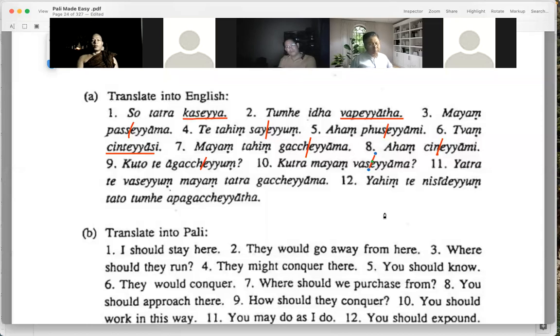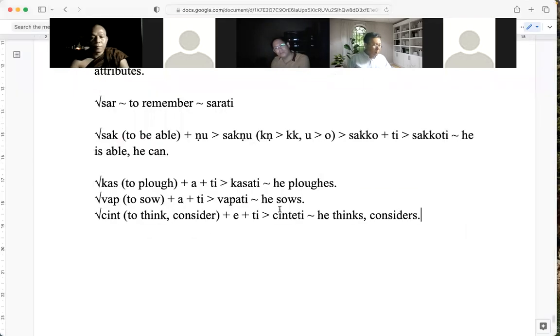Okay. So now in 11. So yadra de waseyo mayan datara gachiyama. You see. So yadra and the datara. Okay, 2 lines. So relative clause. Yadra de waseyo, mayan datara, gachiyama.